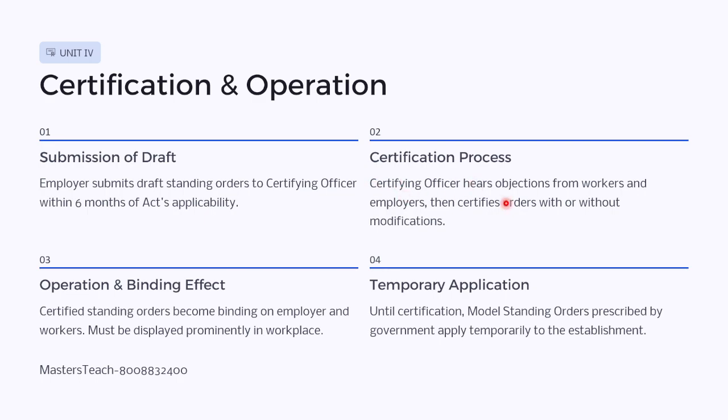The certifying officer hears objections from workers and employer, then certifies the order with or without modification. Operation and binding effect. Certified standing orders become binding on employer and workers, and must be displayed prominently in the workplace. Temporary application. Until certification, model standing orders prescribed by the government apply temporarily to the establishment.